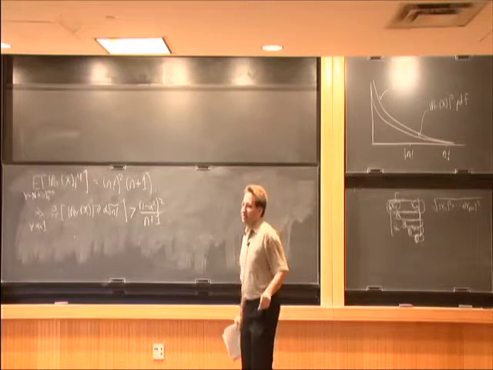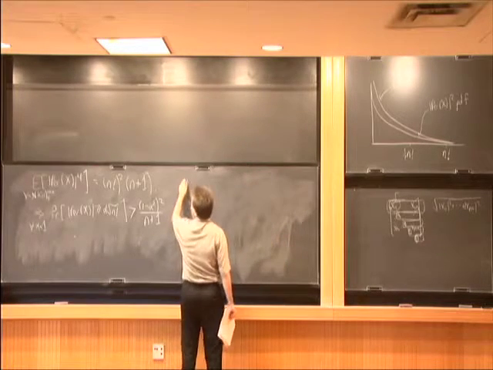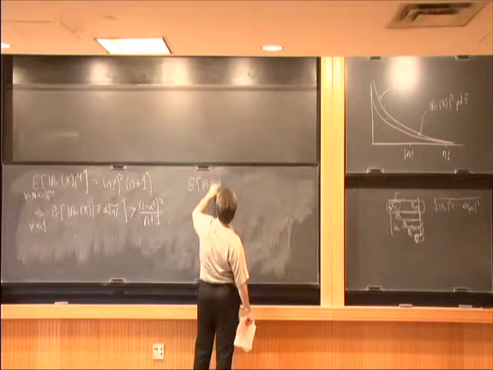It's an interesting combinatorics question, which I can now tell you exactly what it is. So what if we want the 2kth moment of the permanent?